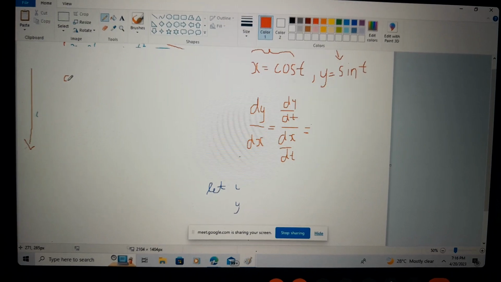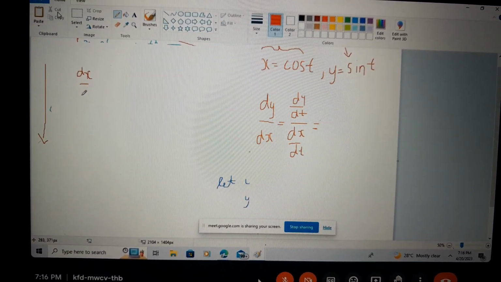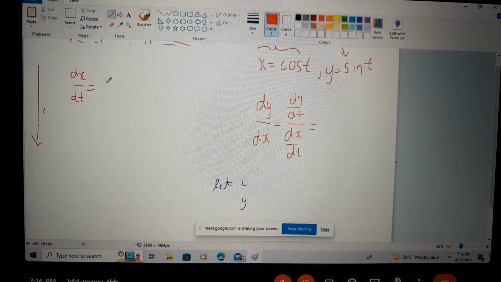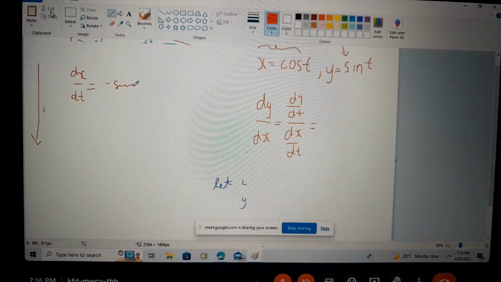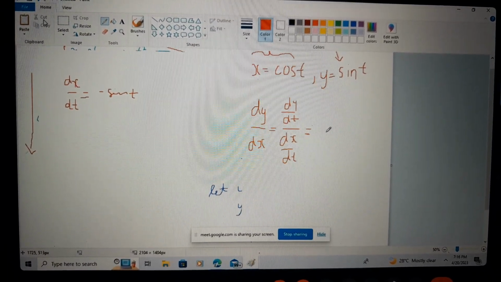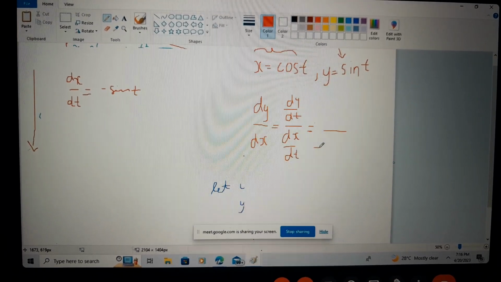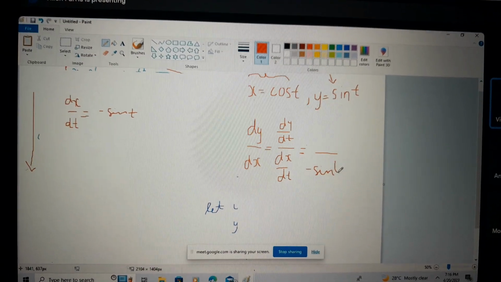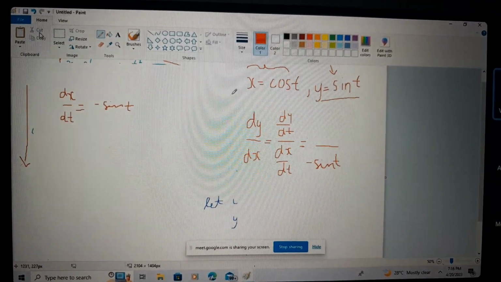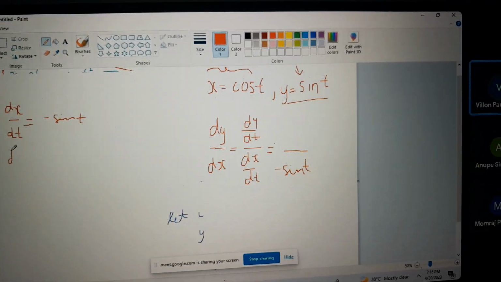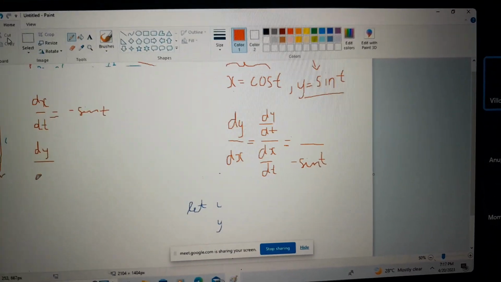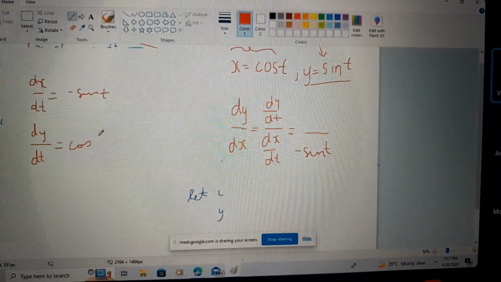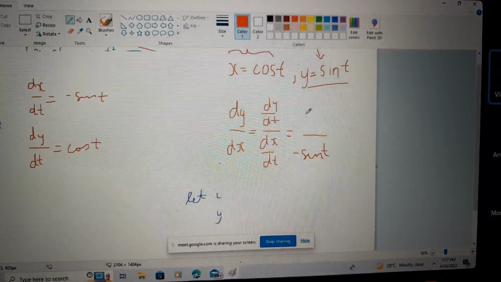When I differentiate this, it will be negative sine t. So my denominator is negative sine t. That's what dx/dt is equal to. When we differentiate this now, dy/dt, what will we get? Cos t. So that's my numerator. dy/dt is cos t.